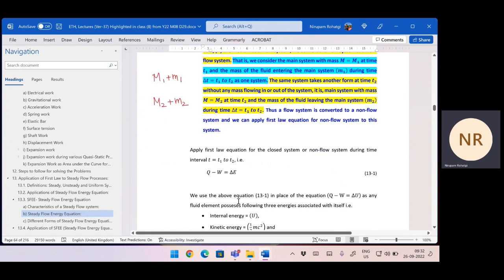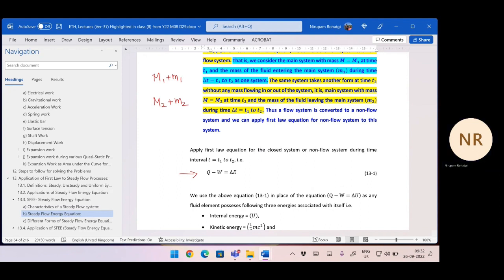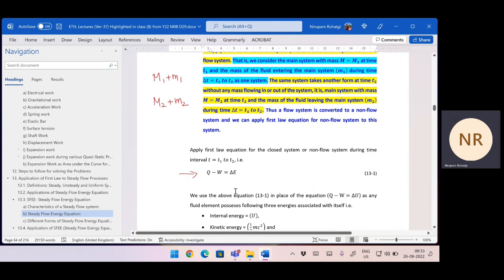If we take the system like this, we can apply the first law equation, Q minus W is equal to delta E. So at the start, at T1, we take the main mass and inlet mass as one system. At time T2, the main system and the exit mass are the second system.